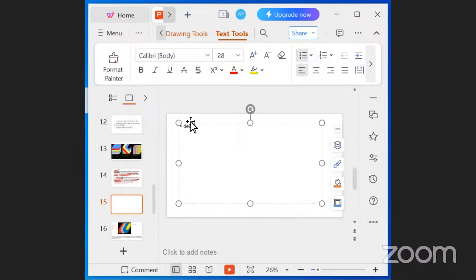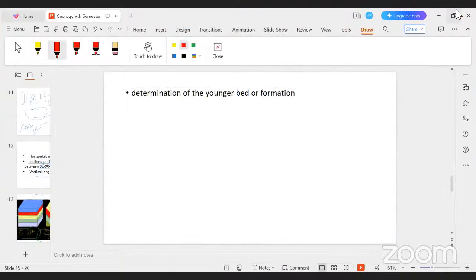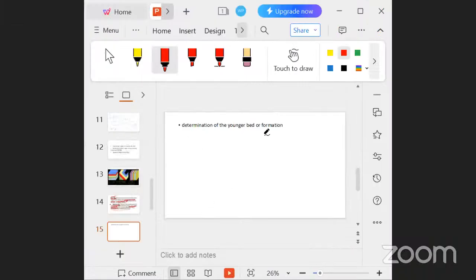In geological formations, the older rocks are deposited at the base, which is superimposed by the younger rocks, right?